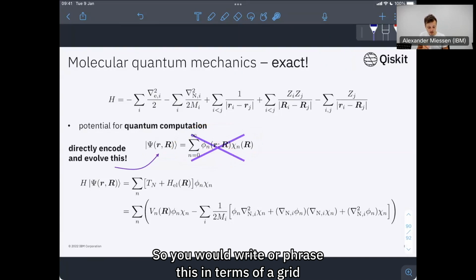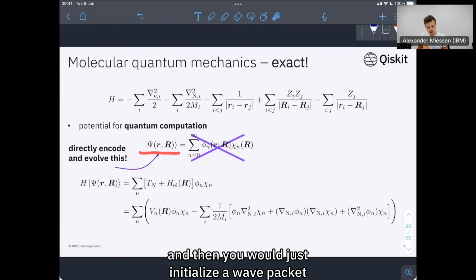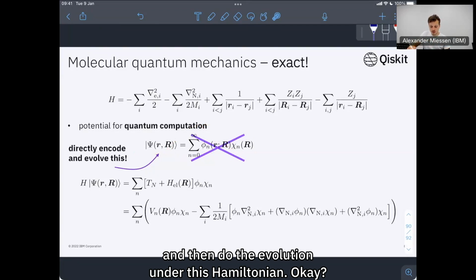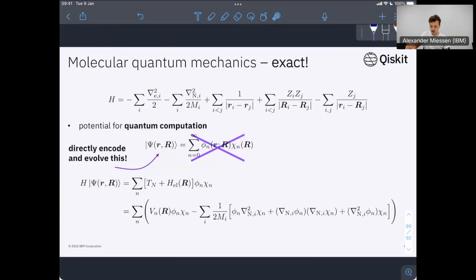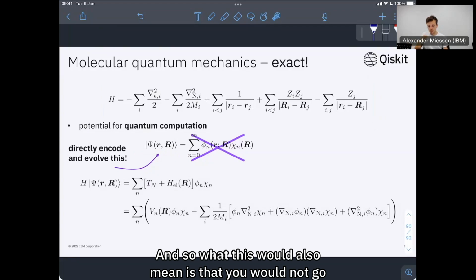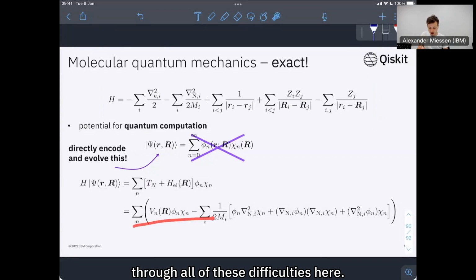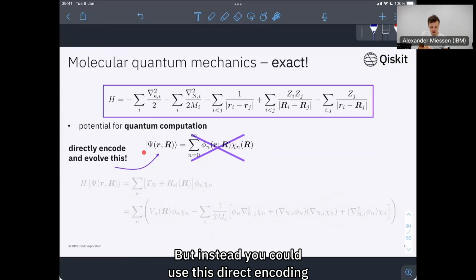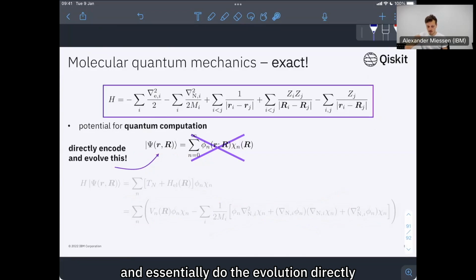So you would phrase this in terms of a grid encoding of your coordinates, and then you would just initialize a wave packet on this n-dimensional grid with all of these coordinates combined, and then do the evolution under this Hamiltonian, okay? And so what this would also mean is that you would not go through all of these difficulties here, but instead you could use this direct encoding and essentially do the evolution directly using this Hamiltonian, okay?